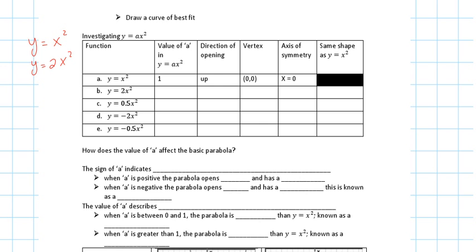Or what if it's y equal 0.5 x squared? What changes? Or what if it's y equal negative 2x squared? What happens to my original graph if I multiply it by a number? That's what we're going to explore right now.